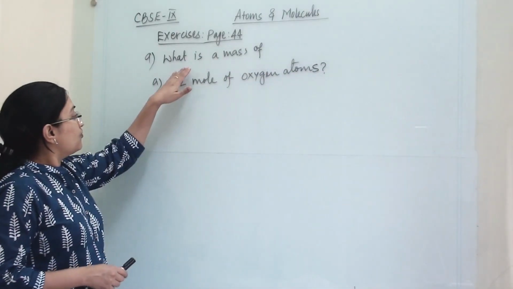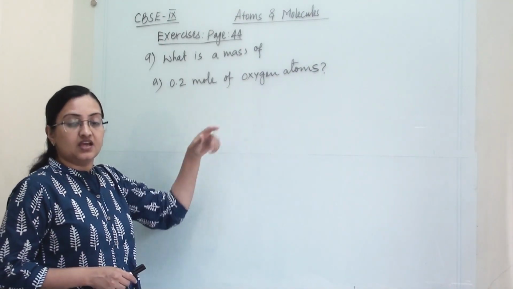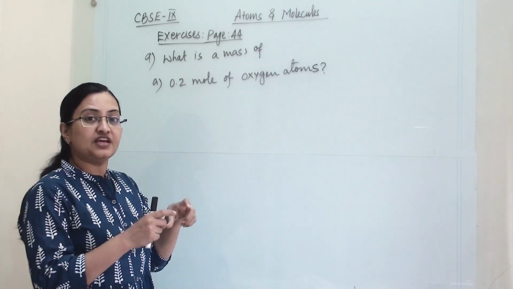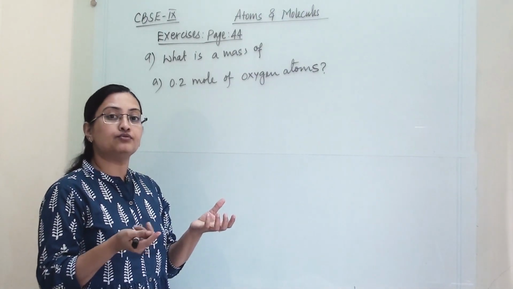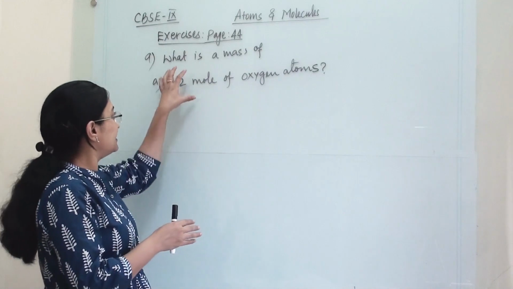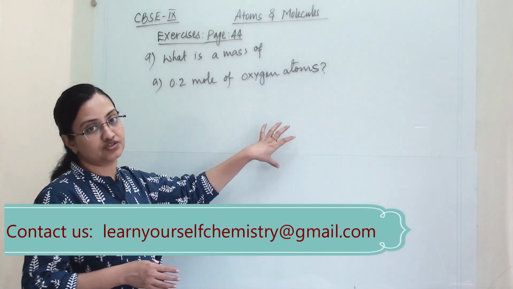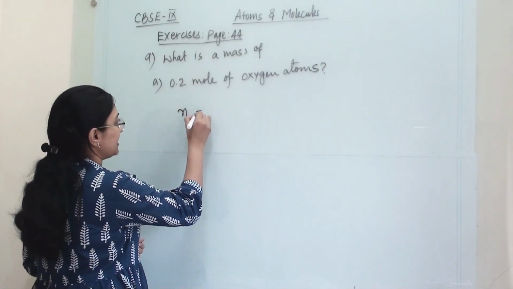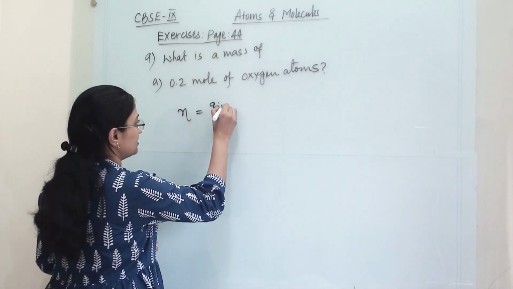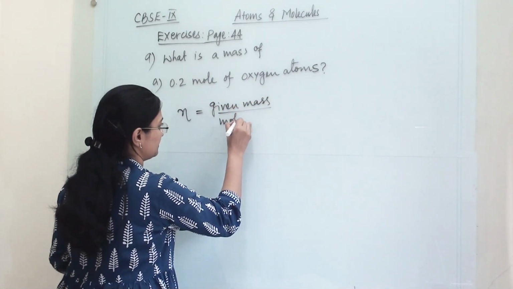Ninth question. What is the mass of 0.2 mole of oxygen atom? In the previous question we found the number of moles for a given mass. Here we have to do exactly the opposite: they have given us the moles and we have to find the mass. So we use the same formula, n equals given mass divided by molar mass.